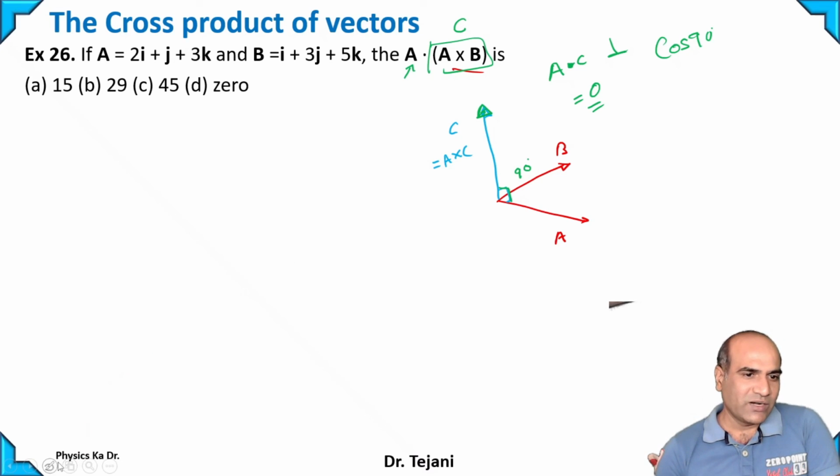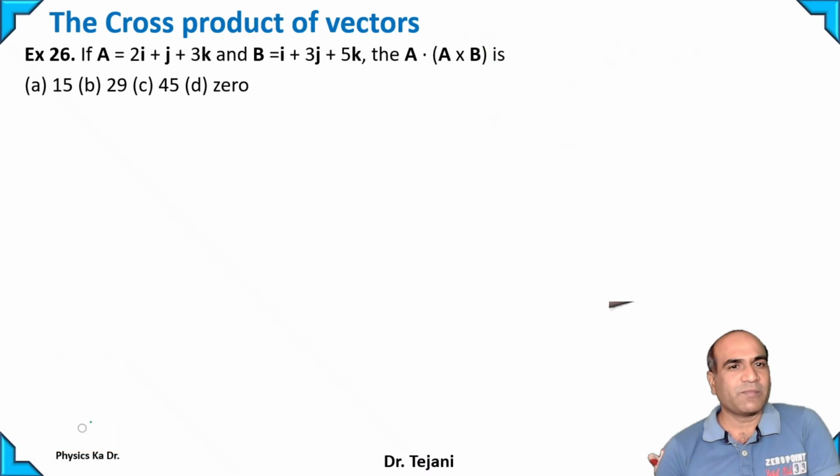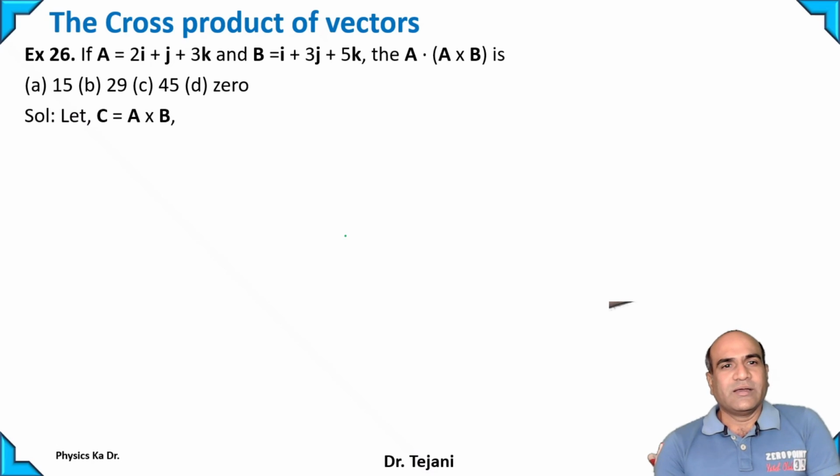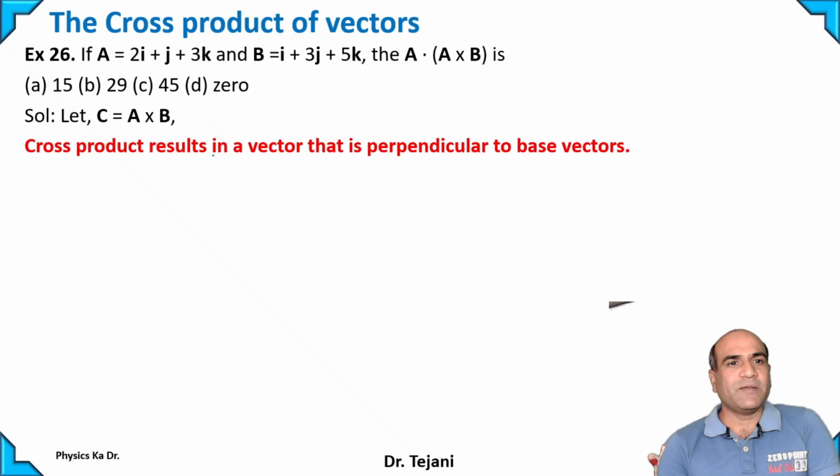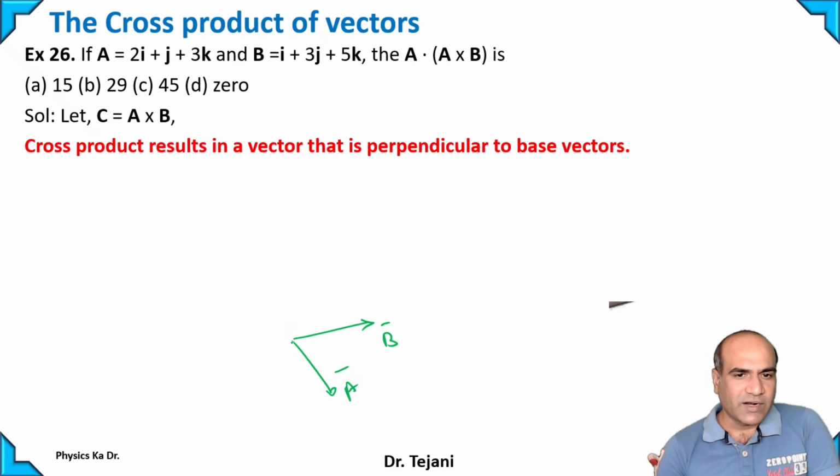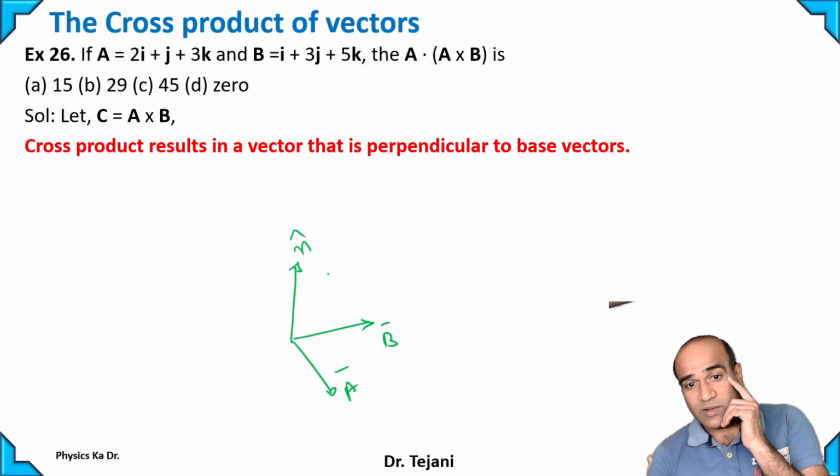No calculation is required for such kind of questions whenever you see. So the cross product, the resultant vector, is perpendicular to the base vectors. We already saw this: A bar, B bar, and the resultant vector is always perpendicular to these. Maybe the opposite side is also possible.